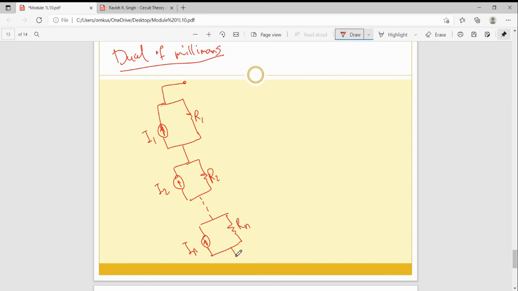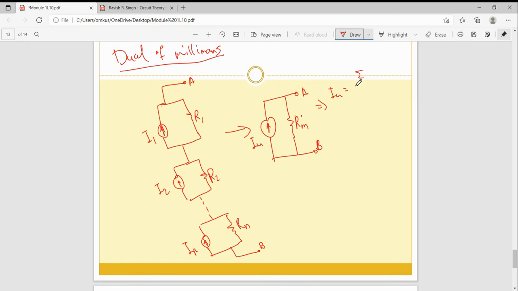Now what is the formula? This is terminal A and B. You can observe this with a single source, that is Im, with this Rm dash.